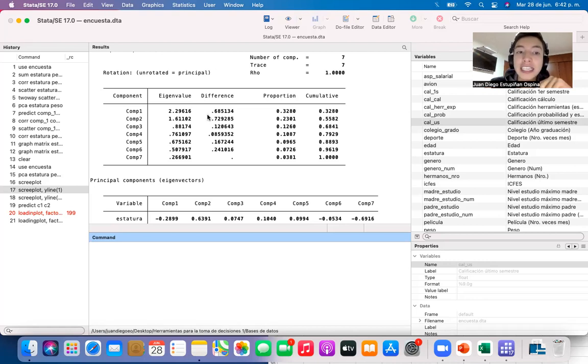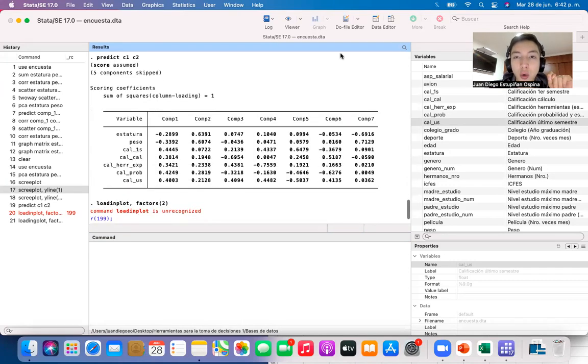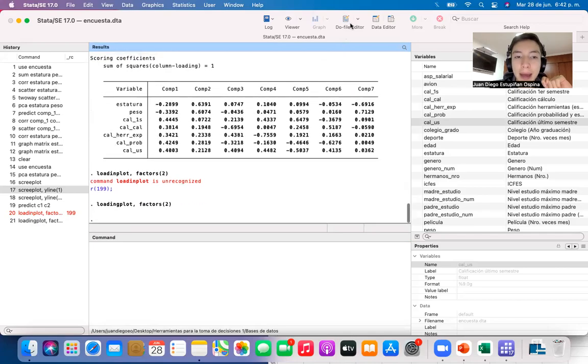Just to finish, for example, here we use the first two components, so in total we are using about half of the variability of the original data, because those two components together represent 55% of the variability. So it's something that you may keep in mind.